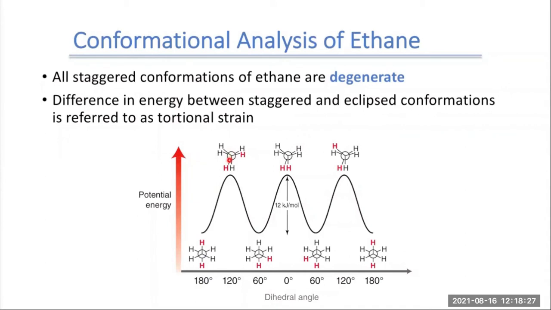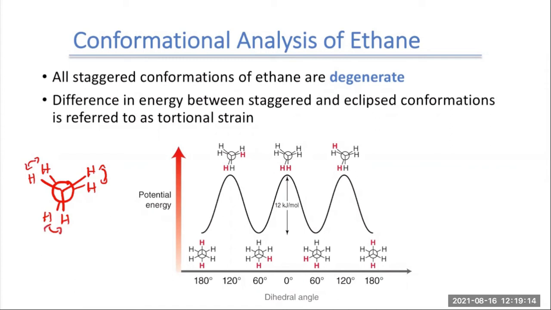And an eclipsed conformation is not nearly as stable because of the torsional strain. And so what happens if we redraw our eclipsed one is there's an interaction between these hydrogens and these hydrogens.